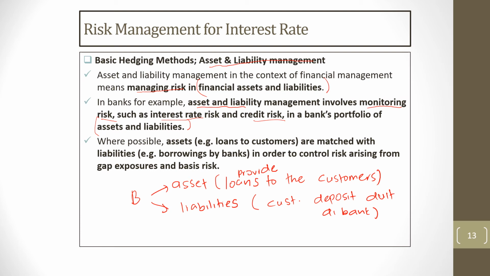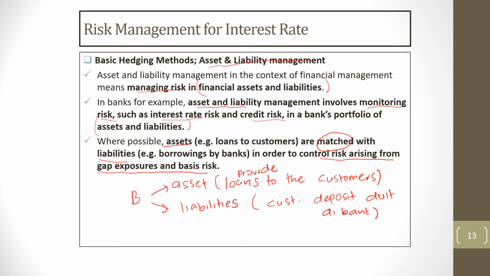Asset dia adalah when dia provide loan to the customer. So it means that dia akan dapat balik duit dia. Itu adalah dia punya asset. So bila wujudnya macam ni, so kita akan kata the asset are matched with the liabilities in order to control risk arising from gap exposure and basis risk.